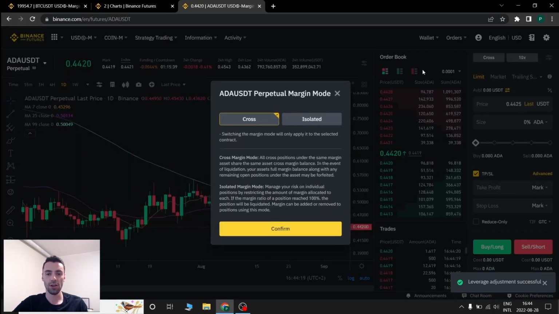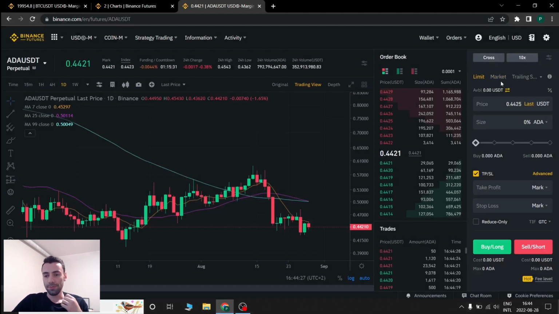So cross and isolated. What's the difference between cross and isolated? When you open a position, and if you're going to lose, it means your prediction of the price wasn't what you expected, and you're going to lose money.